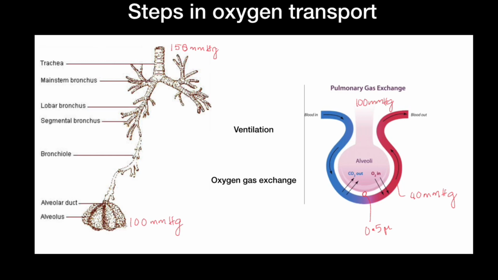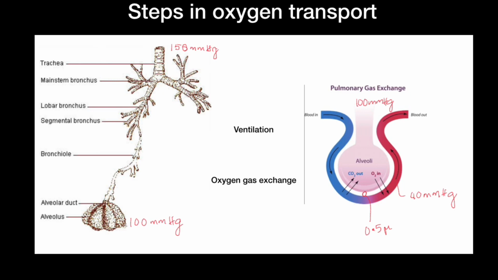And likewise, oxygen gas exchange, what you can see on the right side, the pressure at the alveoli is around 100 millimeter of mercury. However, the moment it reaches the capillaries, the pressure falls down to 40 millimeters of mercury. And what you see here is the alveolar capillary membrane.